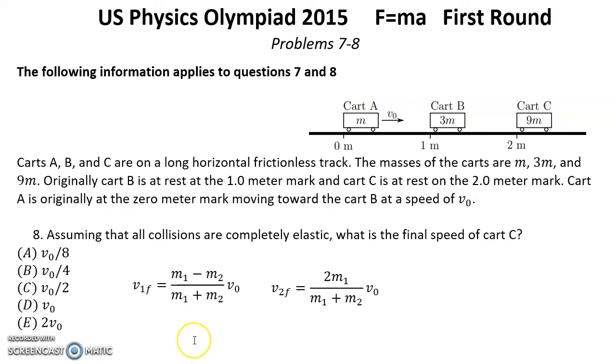As we can see from the formulas, after the first collision, the first cart will move back and the second cart will move forward with the speed v0/2. The same thing will happen during the second collision. The second cart will move back and the third cart will move forward with the speed v0/4. That's the solution, B is the correct one.